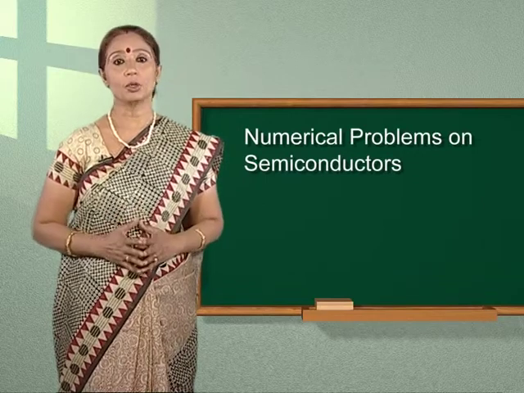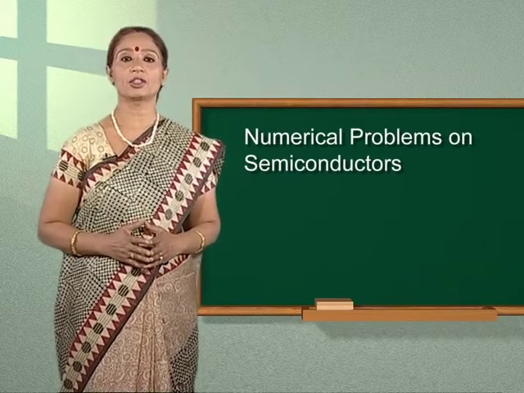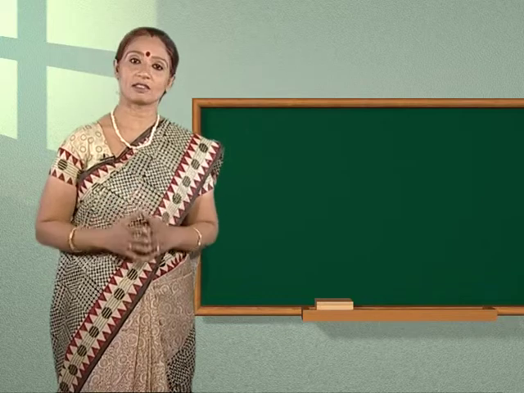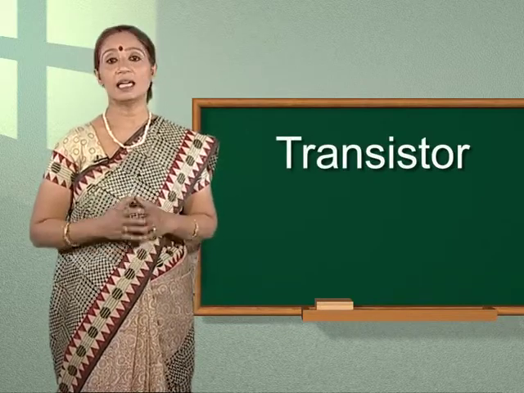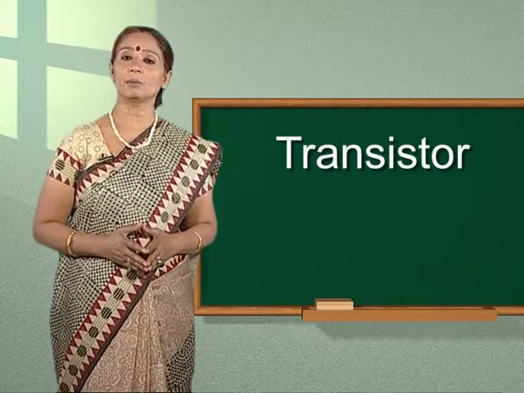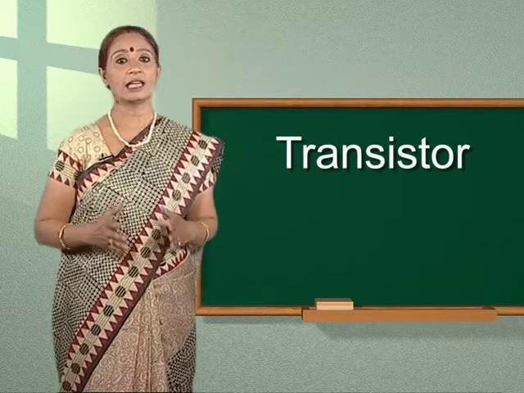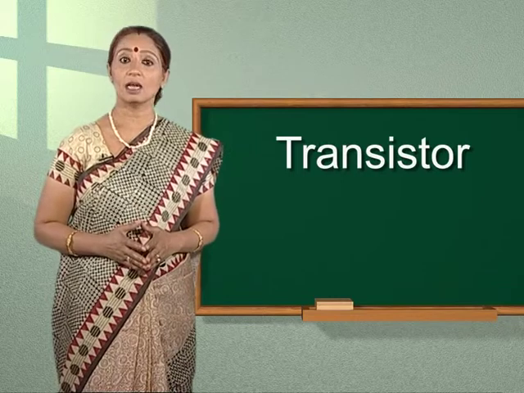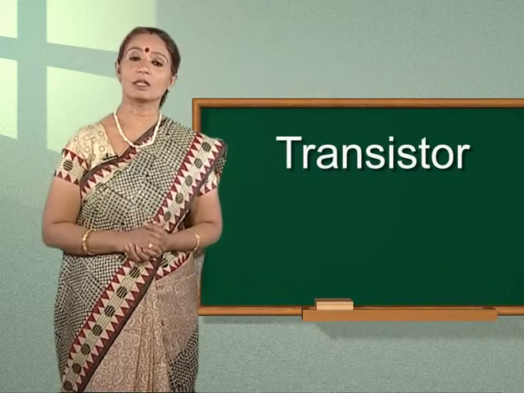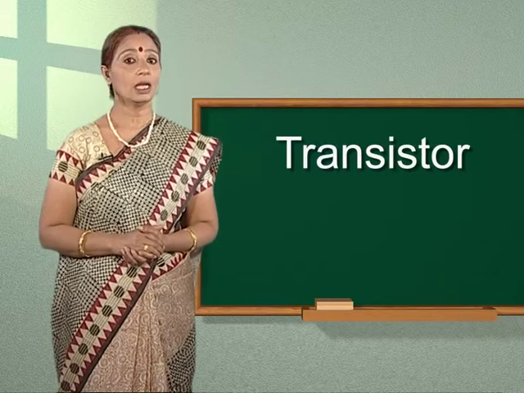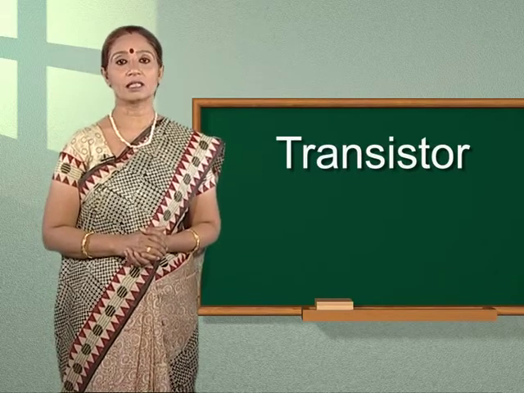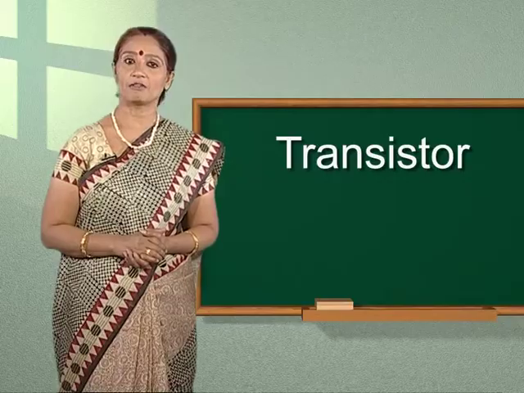One of the most common important electronic components is a transistor. So, we start by reminding ourselves of some important formulae related to transistors and then work out a few numerical problems related to these. Let us start with transistors as amplifiers.